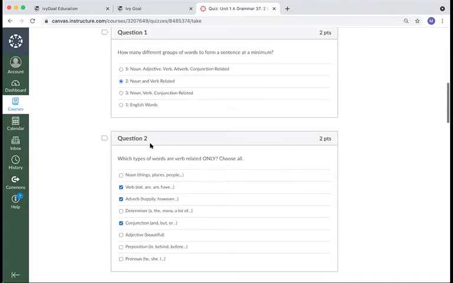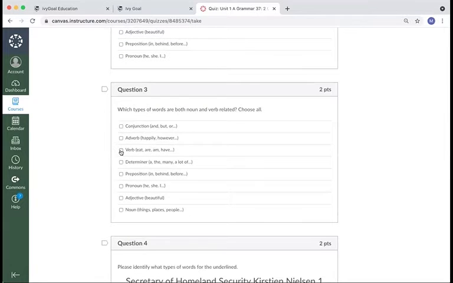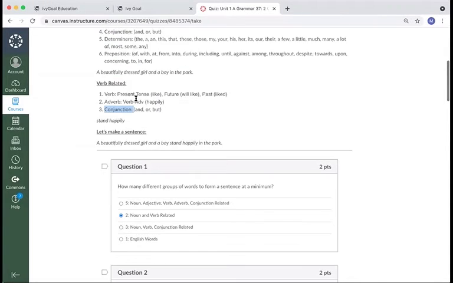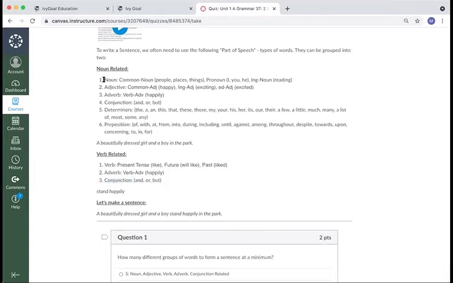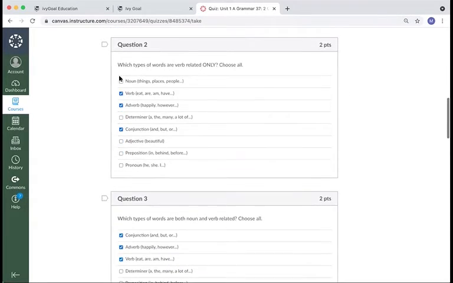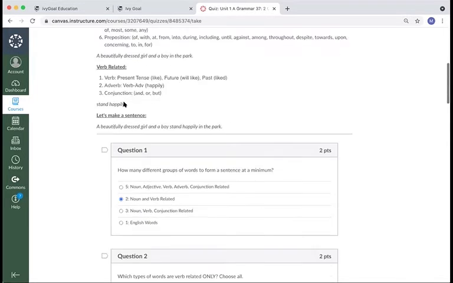So we can come down here and click that, right? Verbs, adverb, and conjunction. And now we're looking at nouns here. Nouns, adjectives, adverbs. Let's go down there and see what we got. Nouns, adjective, we already have adverb. Are there any more that I'm missing?